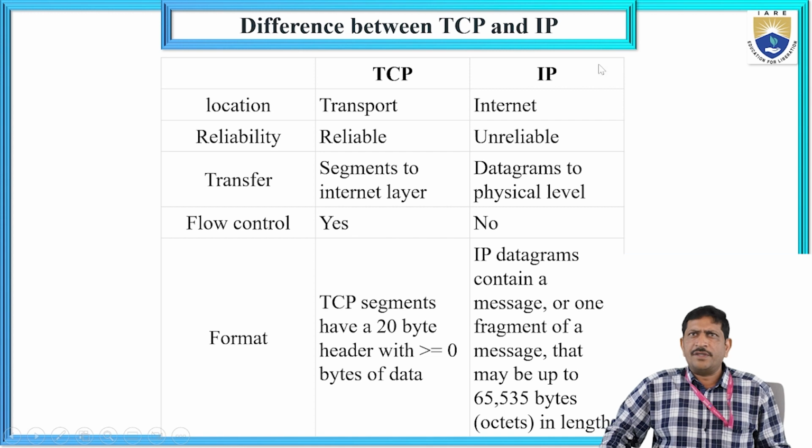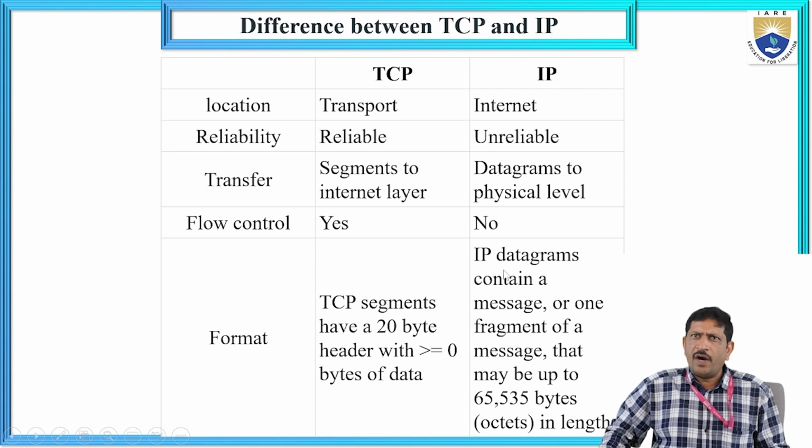Flow control: the Transmission Control Protocol has flow control, while IP doesn't have flow control. In terms of format, TCP segments have a 20 byte header with greater than or equal to 0 bytes of data.